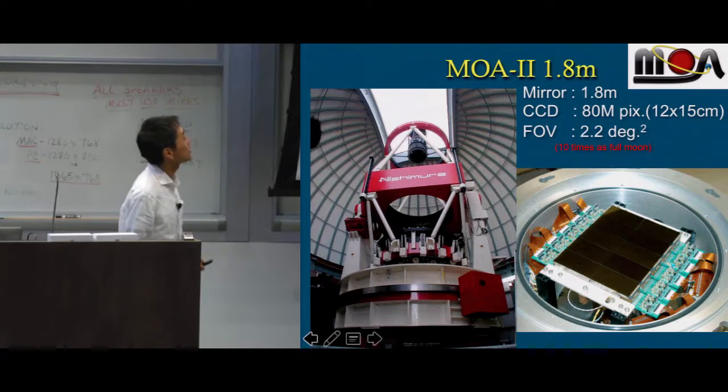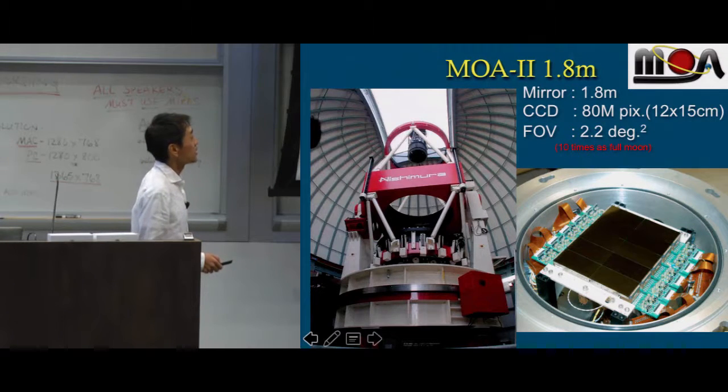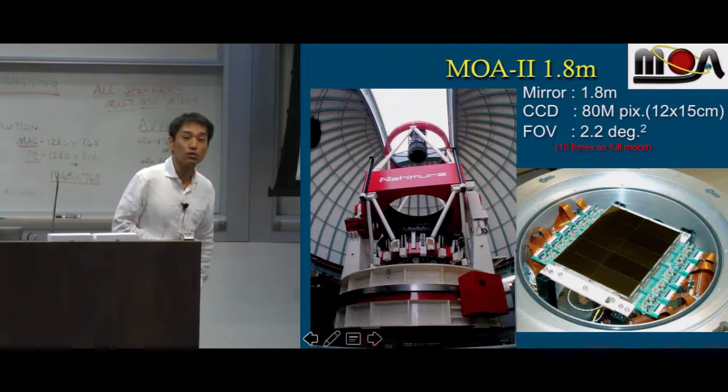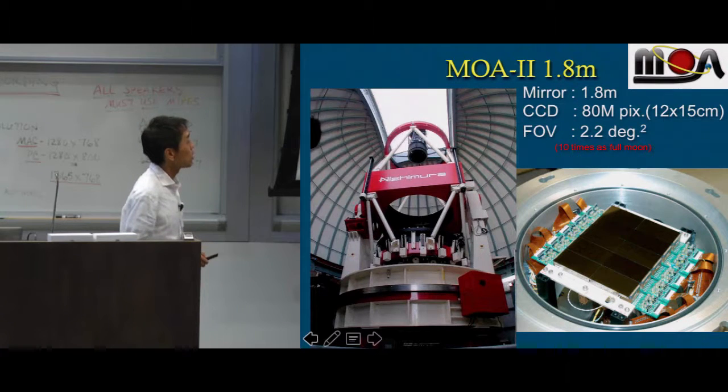We are using this 1.8 meter MOA-II telescope, a dedicated telescope, with a camera of 10 CCDs totaling 80 megapixels. We have a very wide 2.2 square degree field of view, which is 10 times the full moon.